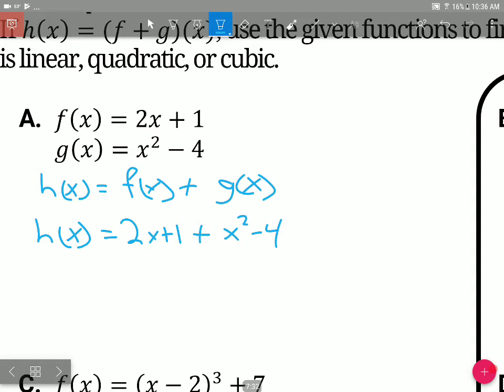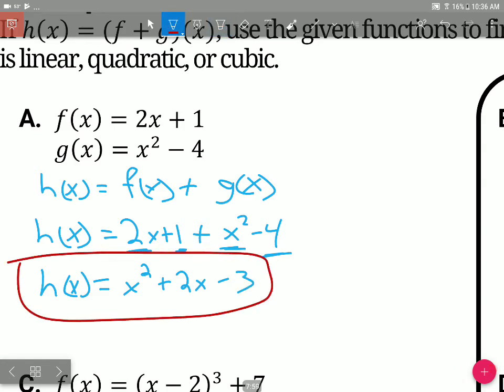And there's really nothing to distribute. There's no squares, nothing. So just start combining terms. How many x squareds do you have? 1. I got 1 right there, so that's an x squared. How many x's do you have? 2. I have a 2x right there. So plus 2x. How many units do you have? Negative 3. I got a 1 right here, and I got a negative 4 right there, which make negative 3. So that is the combined function.